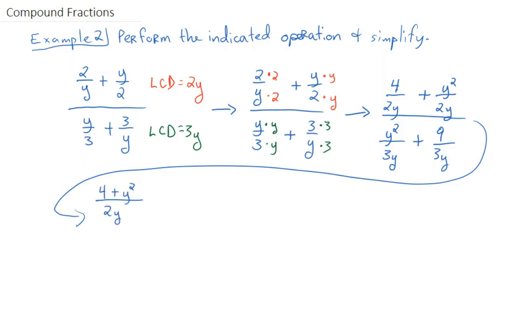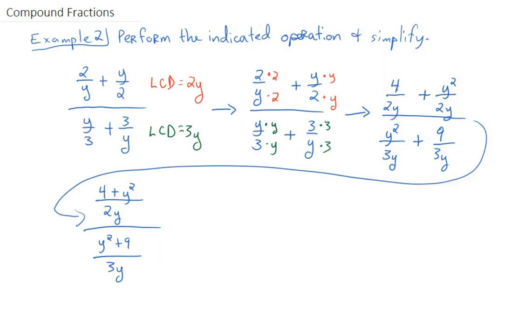Doing the addition in the numerator would give me 4 plus y squared divided by 2y. The 4 and the y squared aren't like terms, so I just put them together over one common denominator. The fraction in the denominator then combines and becomes y squared plus 9 over 3y.